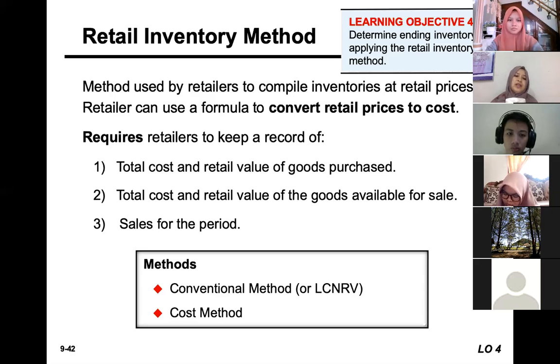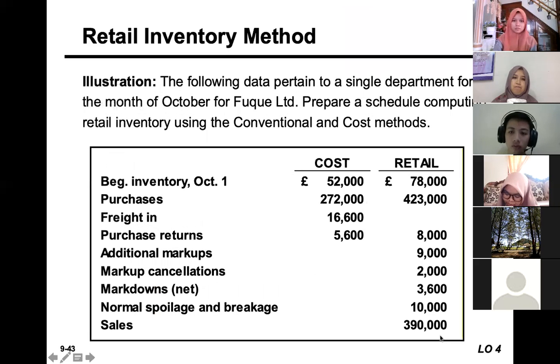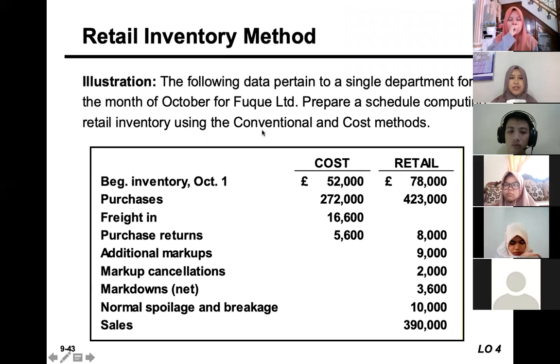There are two approaches to use the retail inventory method. One is called conventional method or LCNRV, the lower of cost or net realizable value. And the other one is called cost method. Okay, example.